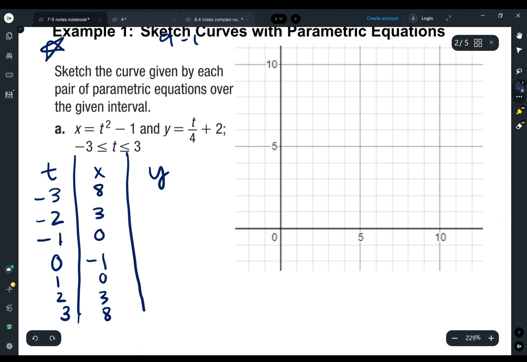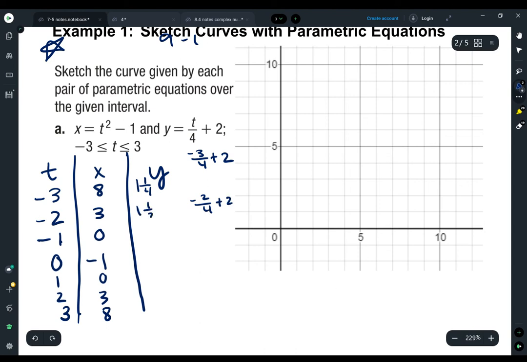All right, now I'm going to find my y. So for my y, I'm taking t and dividing by 4 and then adding 2. So that means if I start out with -3, I have -3/4 plus 2. So that would be 1 1/4. And then when t is -2, it's hard, we're used to saying x, but now we have t. -2/4 plus 2, so that's -1/2.